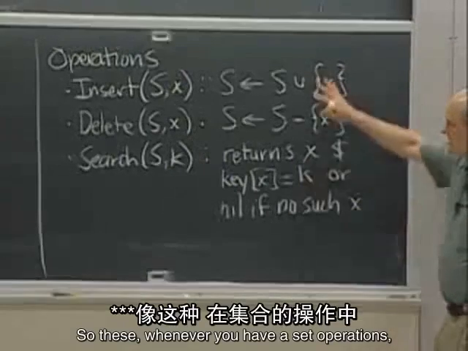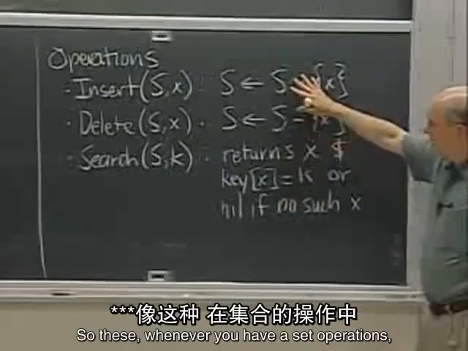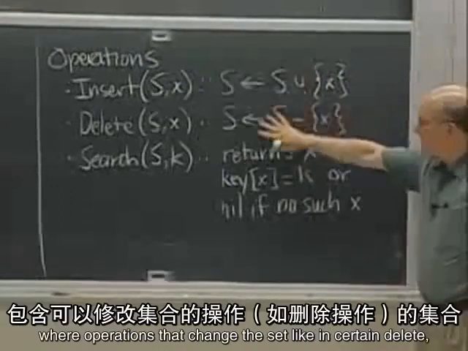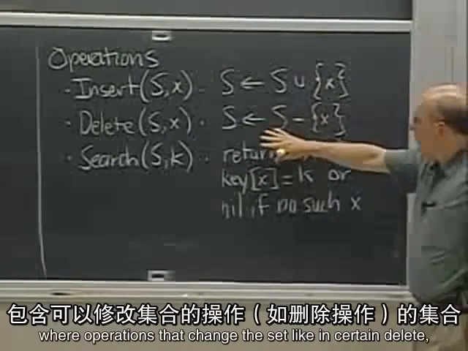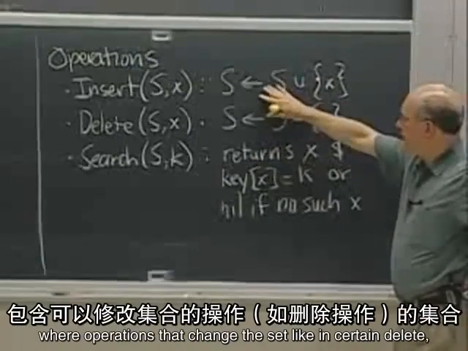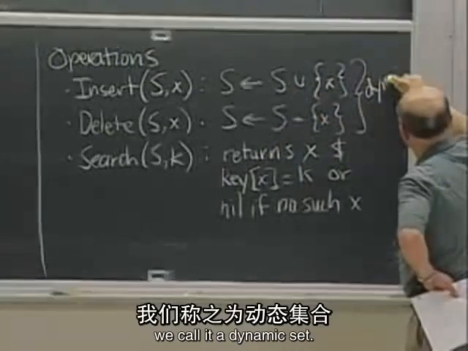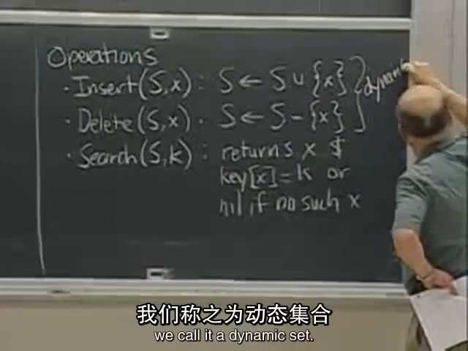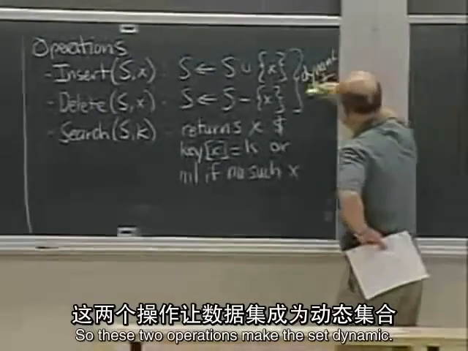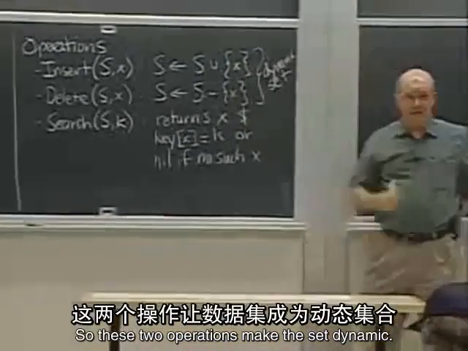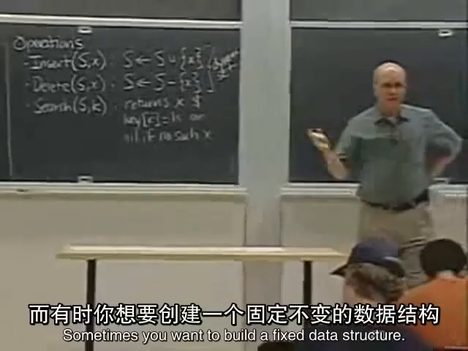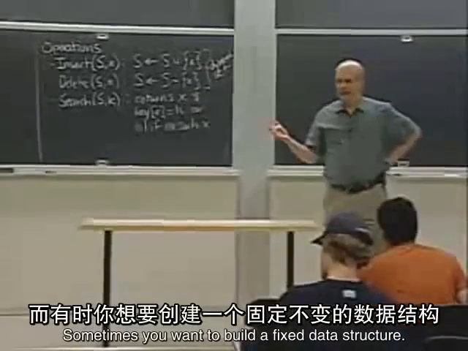So whenever you have set operations that change the set, like insert and delete, we call it a dynamic set. So these two operations make the set dynamic. It changes over time. Sometimes you want to build a fixed data structure.